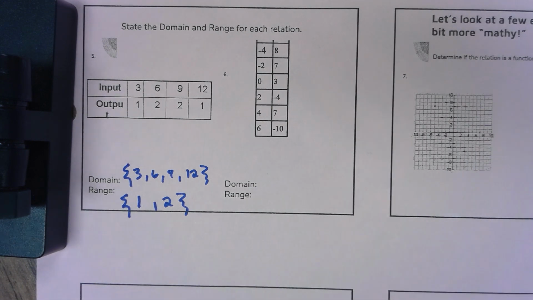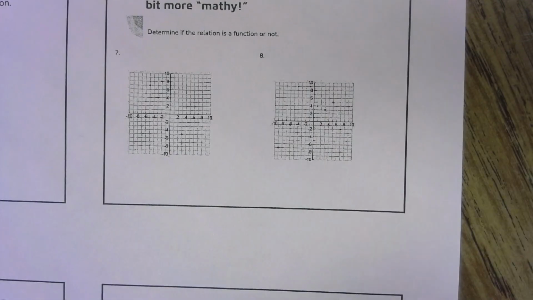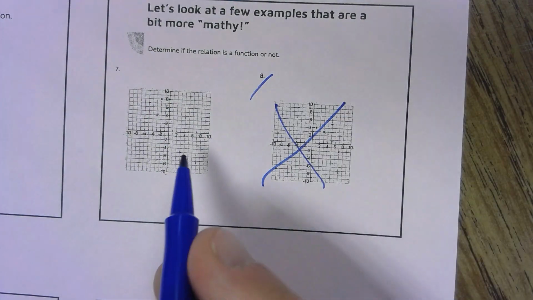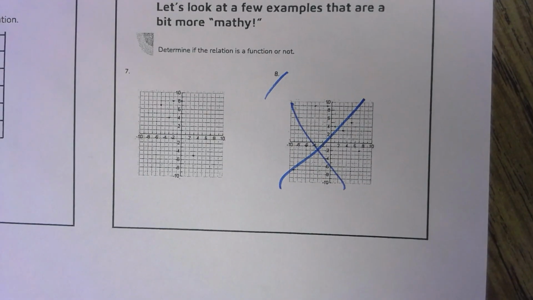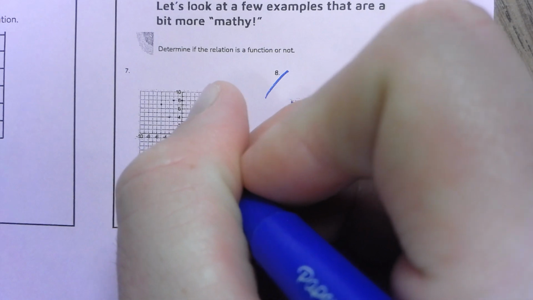Okay, we'll skip 6. We'll go off to 7 and 8. These graphs are so small and so hard to see, so we'll just do 1 here, and we won't worry about 8. First, determining if it is a function or not. Basically what we're looking for is on all these points.